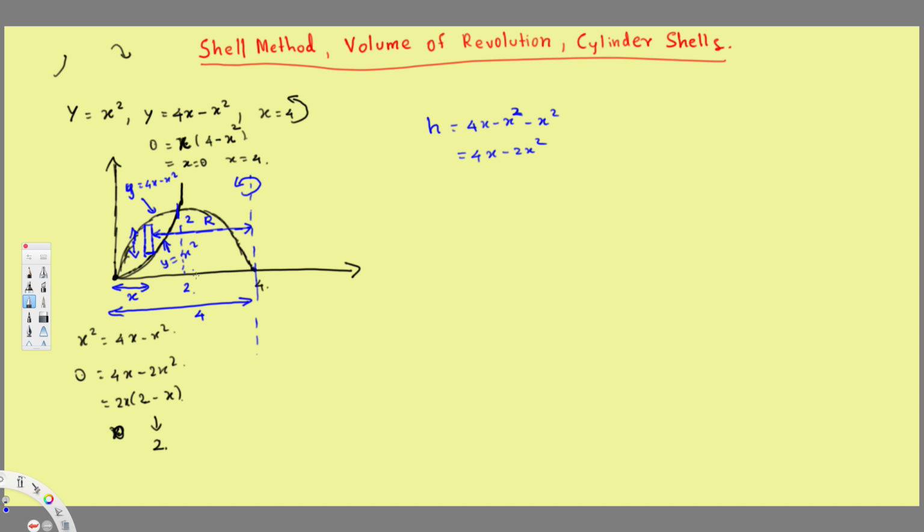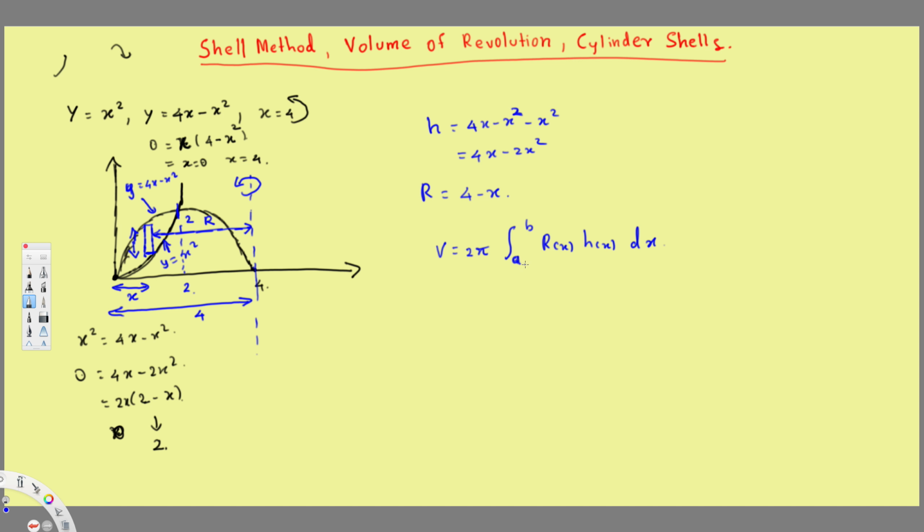So to find the r, r is equal to this total distance minus this one, that's going to give us this distance. So this is going to be 4 minus x, and we have this height right here and this distance right here. So we can now apply this in the volume equation. Volume equation is V is equal to 2 pi integral a to b r(x) h(x) dx. So this is the volume equation.